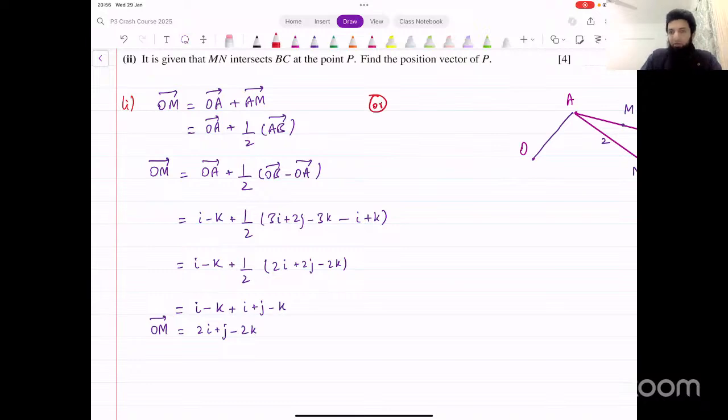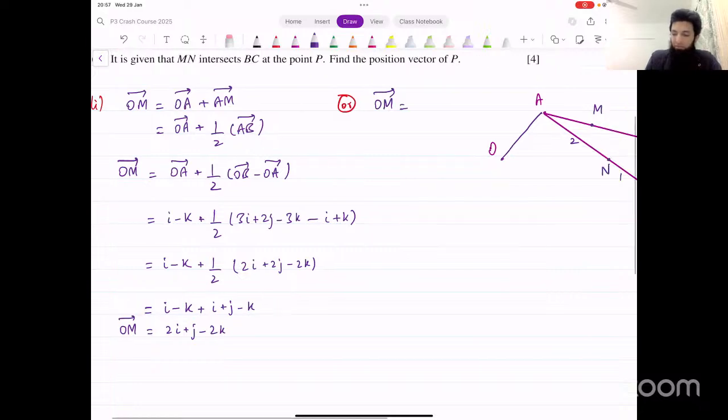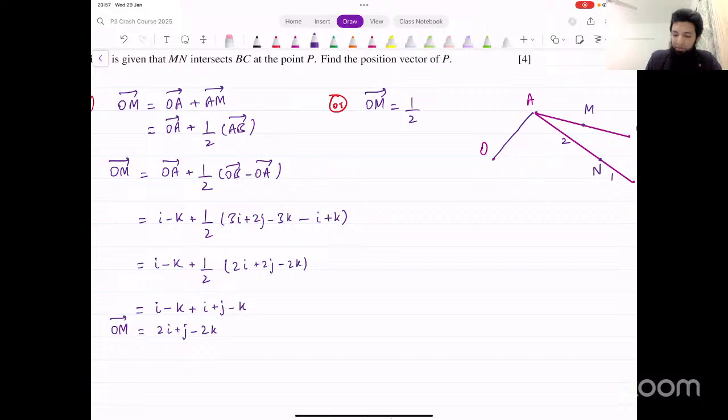For that, you need to remember this general formula for the midpoint in case of vectors. OM vector would be equal to half times OA plus OB. You could do this directly as well.